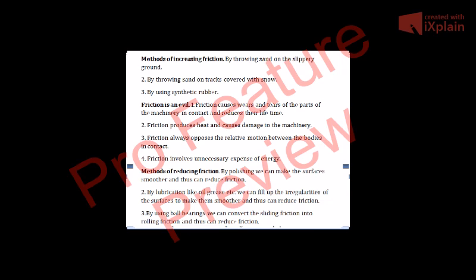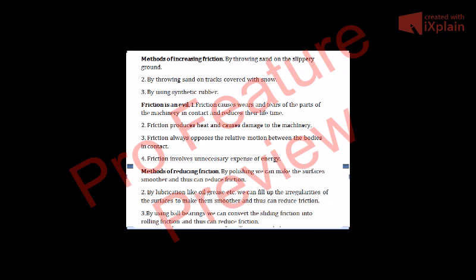Then there is one more thing, streamlining, as you can see in the case of aeroplanes, or the shape of a fish, which is also streamlined. The shape of an aeroplane is also streamlined. Then the surface in contact, the front surface of the ship and the air, decreases. Since friction depends upon the actual surface in contact, remember that I have told you it does not depend upon the apparent surface in contact.